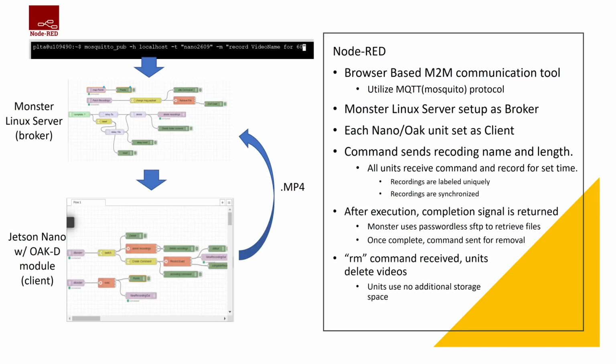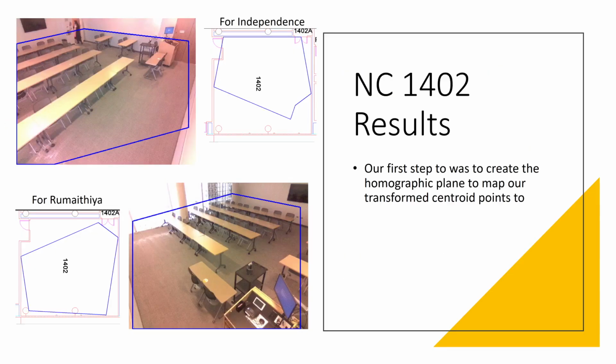Now Chance is going to go over our results. In order to achieve the mapping that we wanted, we had to do a homography transform to create a new plane to map our transform points to. As you can see in these pictures, we drew over the lines in the maps that we created. So in the actual camera frames, those are the points that we picked to say where our plane would be.